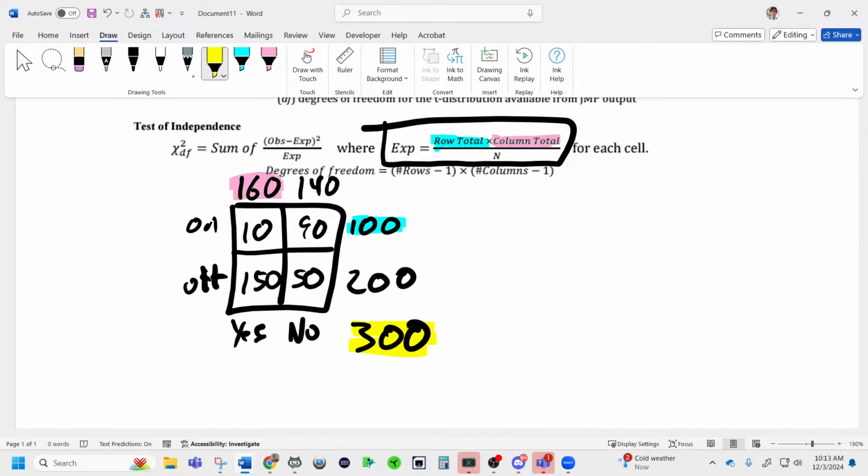So, and actually, I'm going to rewrite this really briefly. Let me put my yes and no's down here. So there, yes, no, and 160, 140. And this is the column total right here. So now we do the following. We circle this number. Let me do this in a different color.